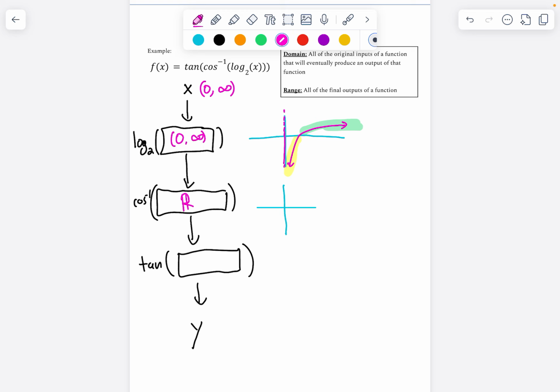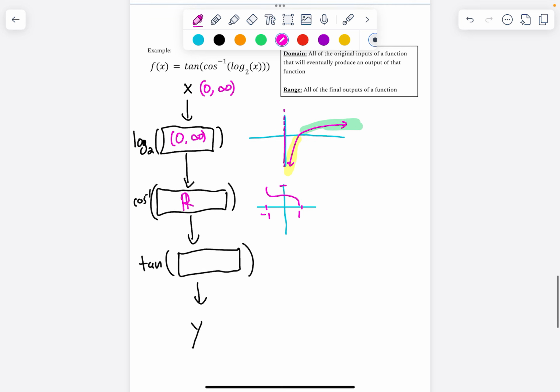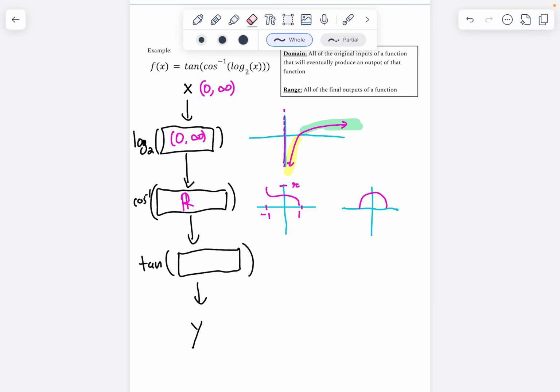Cos inverse looks like this. Our inputs of cos inverse, it'll only accept -1 to +1. And again, it's really good to connect this to the piece of the unit circle, quadrant 1 and quadrant 2. And so we don't want all real numbers into cos inverse. We only want everything from -1 to +1 inclusive.